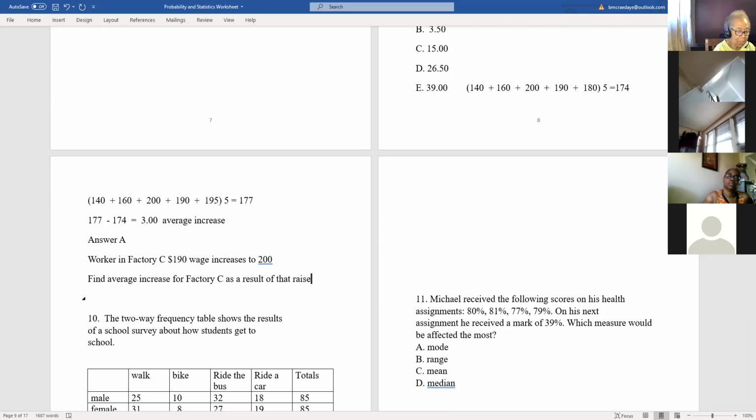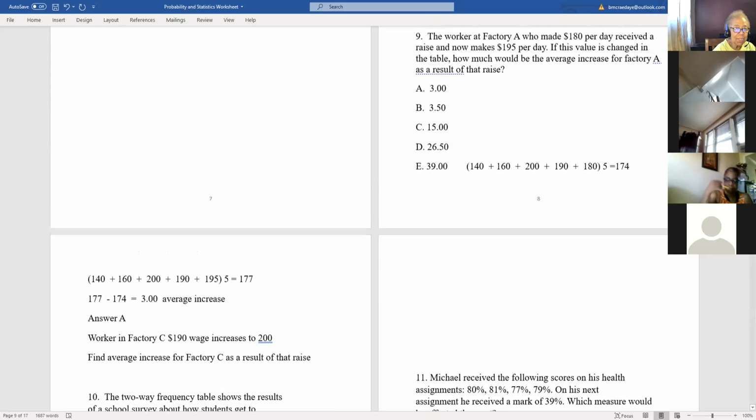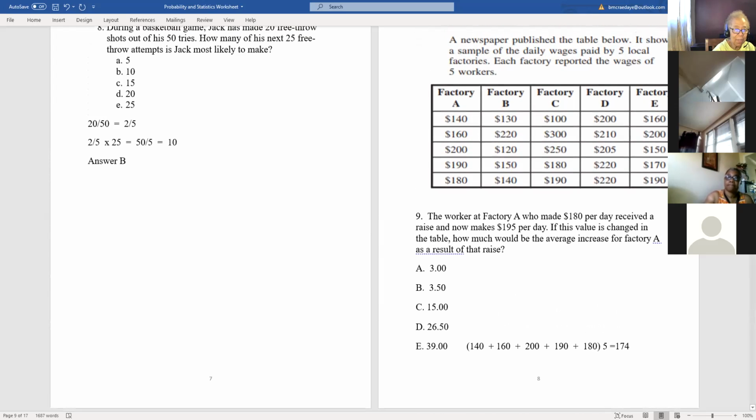Everybody understand what they're to do? Okay. Can I see the chart for factory C? So factory C, we have 100, 300, 250, 180, and 190. And the 190 is going to become 200.